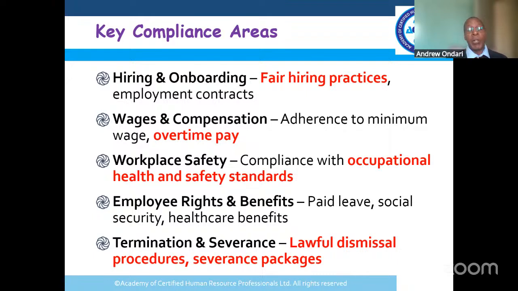And again, depending on your policy, this poor performance can be 3 cycles. A cycle can be 3 months, 6 months, or 1 year. So if a person does not perform in 3 cycles, then they may be dismissed as provided for in your policies. However, we should be very careful with terminating or dismissing employees on account of poor performance.